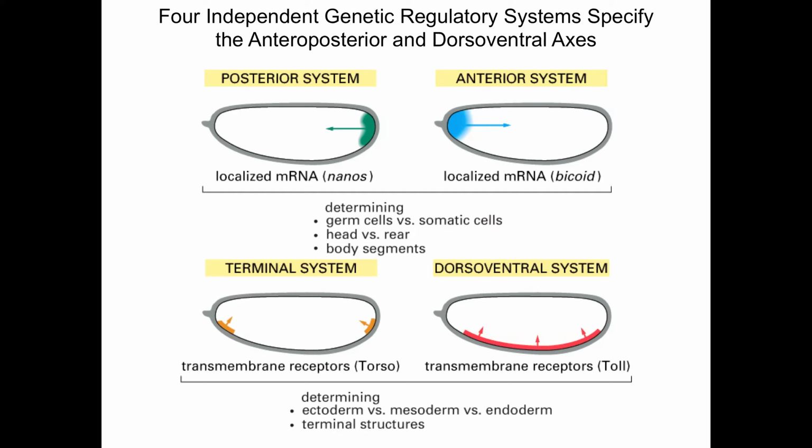Now, you can see that it mentions localized mRNA nanos, localized mRNA bicoid, torso, toll. So what are these?